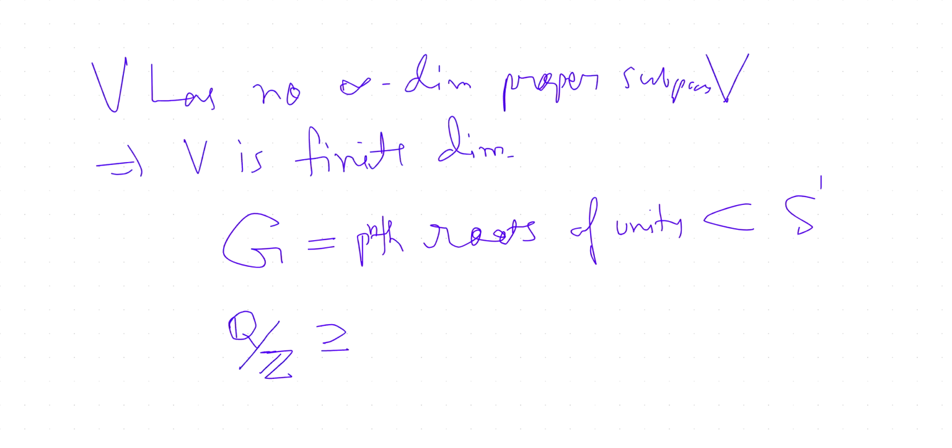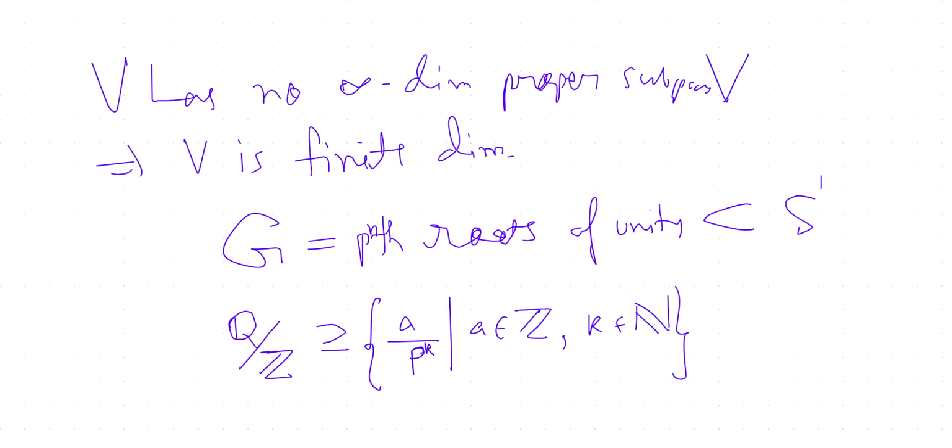So let's see. If you take this kind of subgroup where you have a over p to the k, where a is in Z and k is a natural number, and you quotient this thing by Z, then I think it's more clear that our G is this. Let's try to prove that.